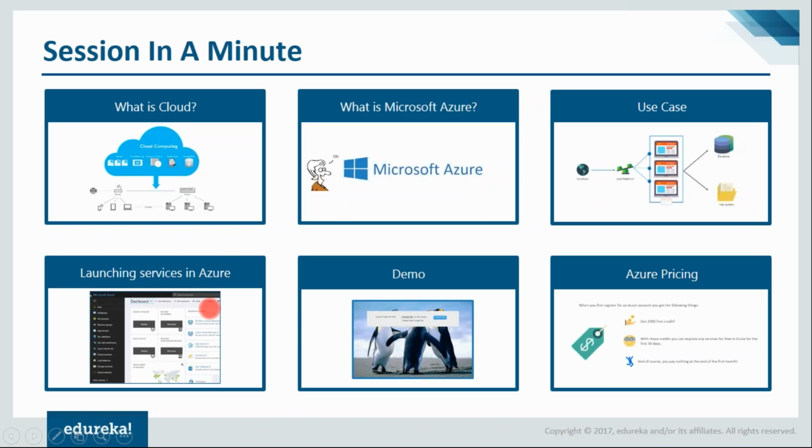Once we learned how to launch these services, we went on to the demo and we hosted this website on the Azure environment. And after that, we discussed the Azure pricing, wherein we discussed some services which are for free, and we discussed the plans which are there with Azure and some other things.